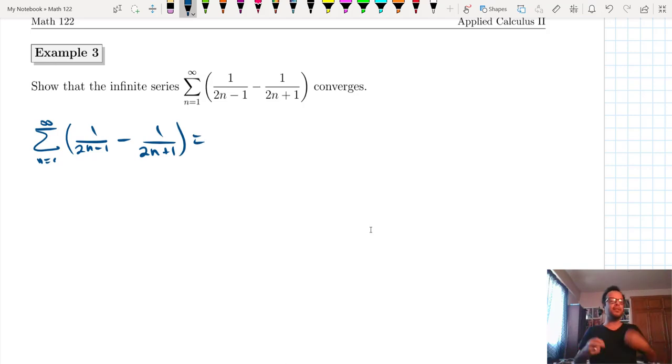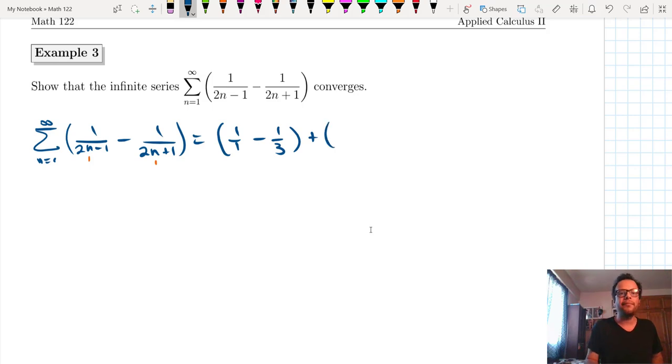In this case, I'm not going to spend all the steps to write every single number and simplify. If you plug in 1 here, what are we going to get? So 1 times 2 is 2 minus 1 is 1. So 1 over 1 minus 1 times 2, which is 2 plus 1. That is going to be 3. So 1/3.